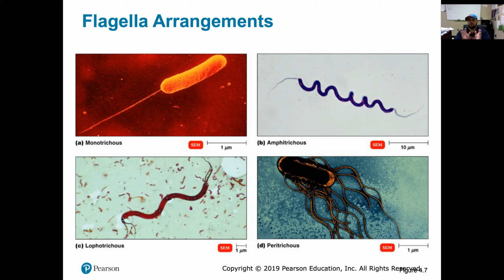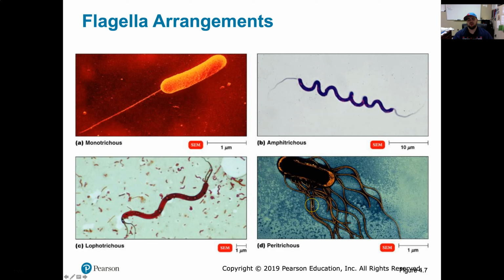So it looks kind of like a tuft, or you could say a broom. All those fibers meet at one given point, and then the rest of it fans out. In lophotrichous arrangements, a tuft could be on one end or both ends. It really depends on the organism.